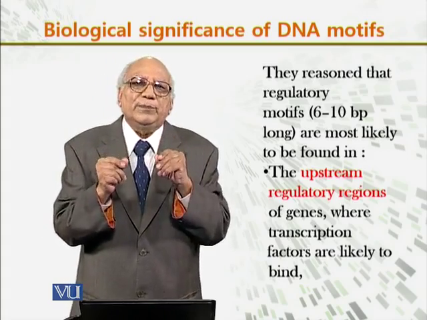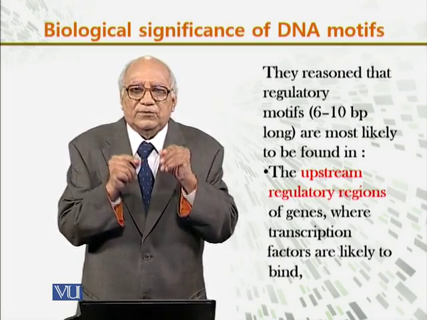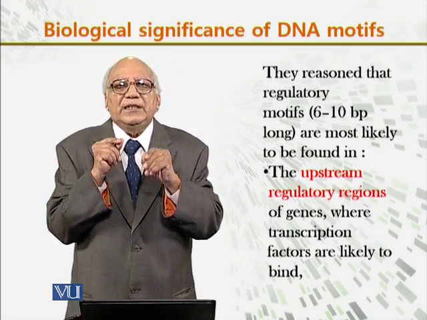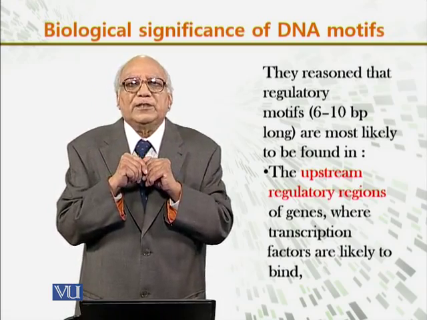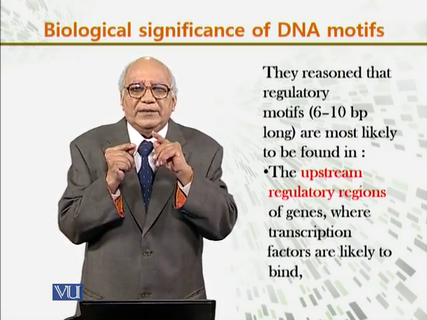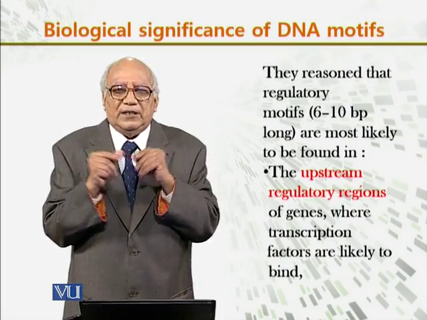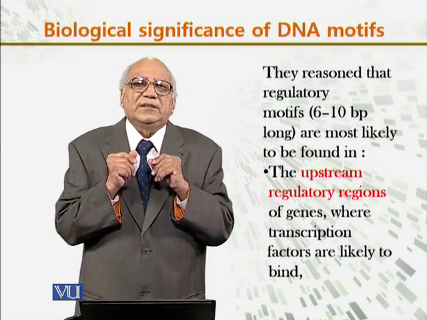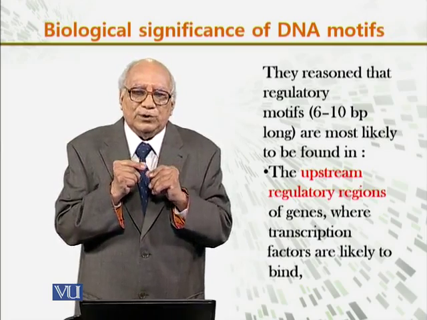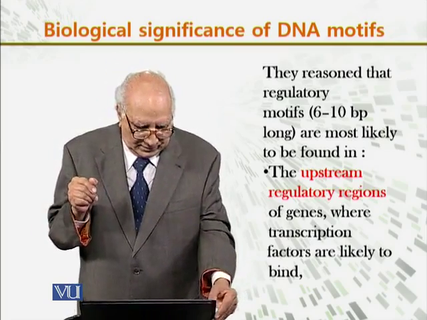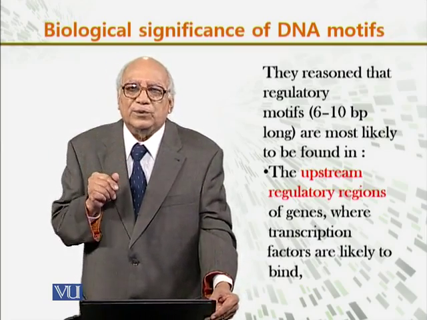So where are these motifs to be found? In the upstream region of the gene, and in their neighborhood the transcription factors are also present. This is how they join with the transcription factor and regulate.